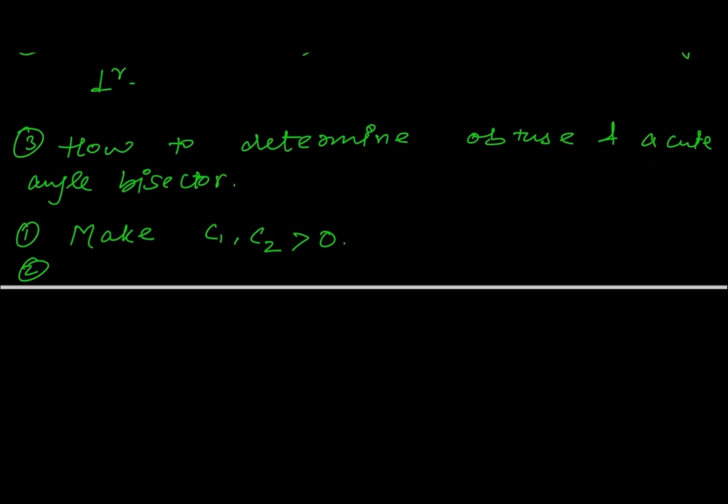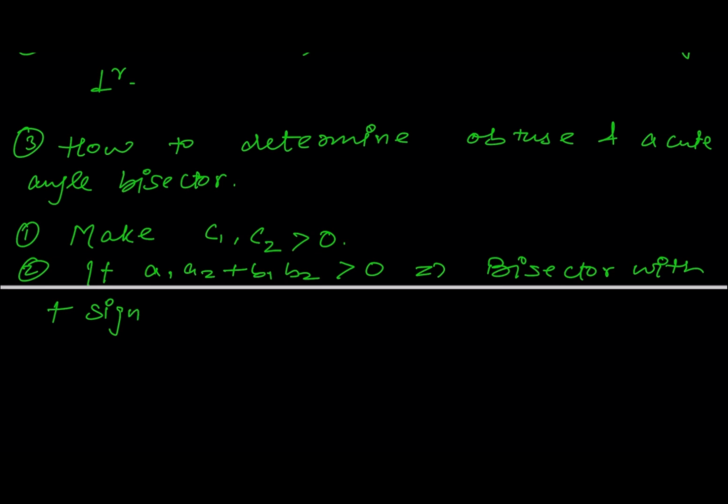Then if a1a2 + b1b2 is greater than 0, then the bisector with positive sign will be the obtuse angle bisector, and the bisector with negative sign will be the acute angle bisector.